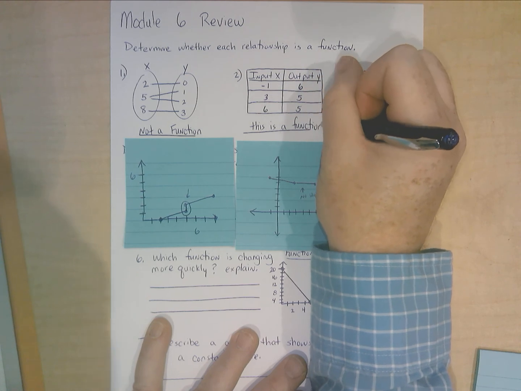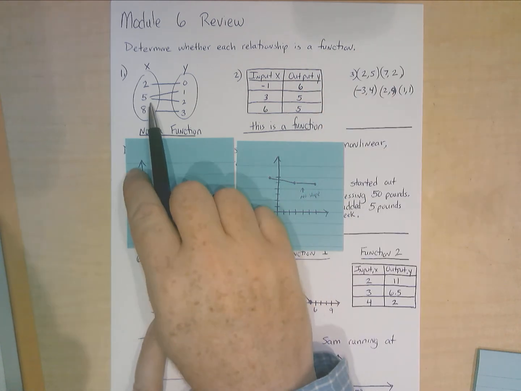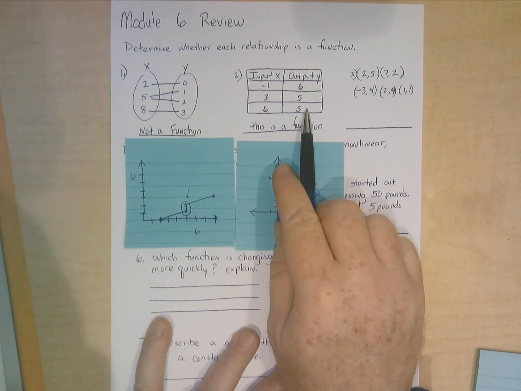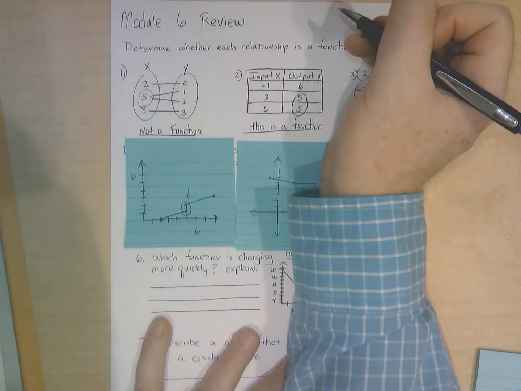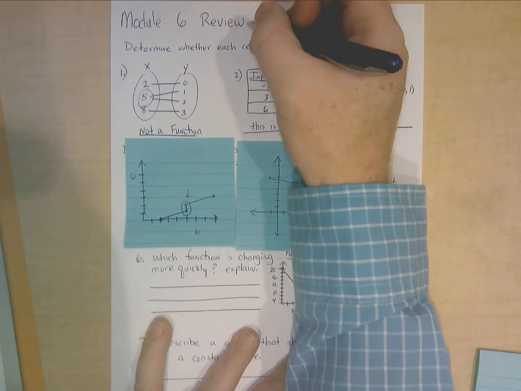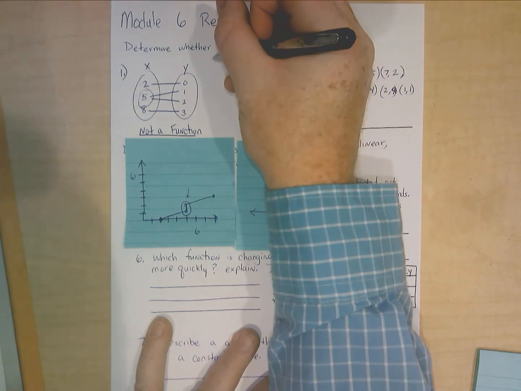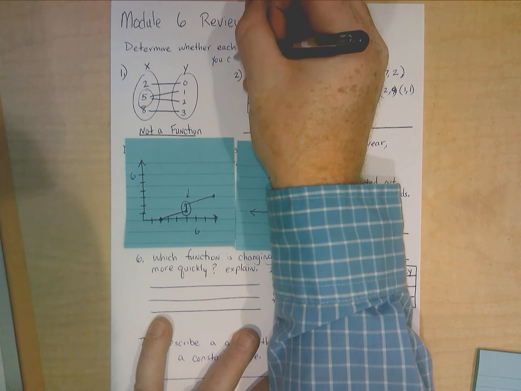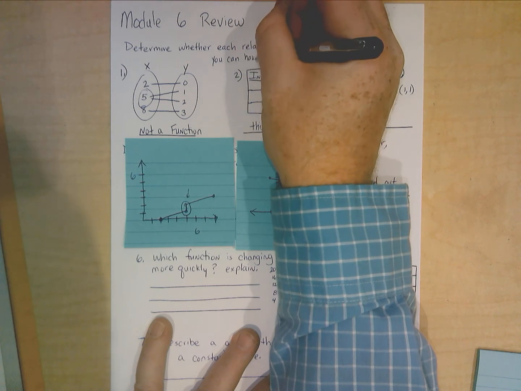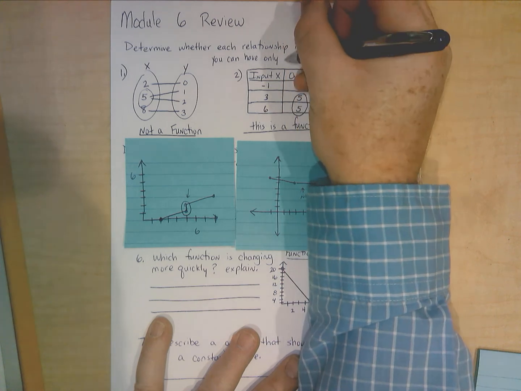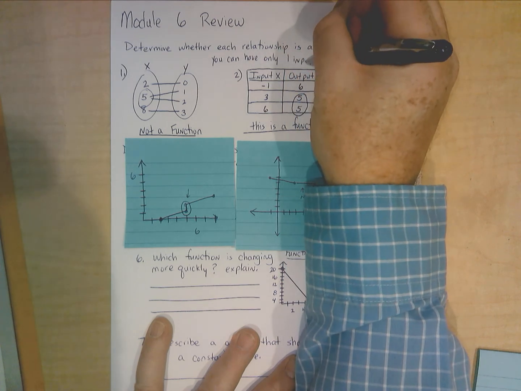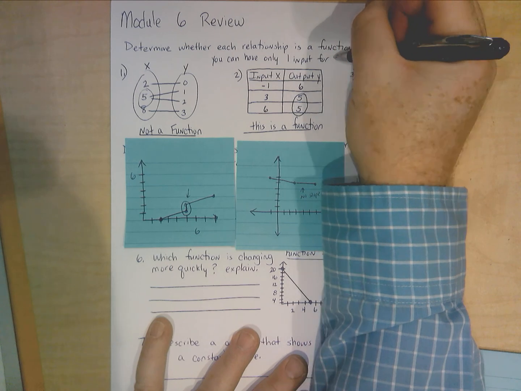So again, back to number 1, you can't have 2 x's. You can't have multiple x's. But you can have multiple y's. So this is okay. But this is not okay. Okay? So basically in summary, you can only have one input for every output.